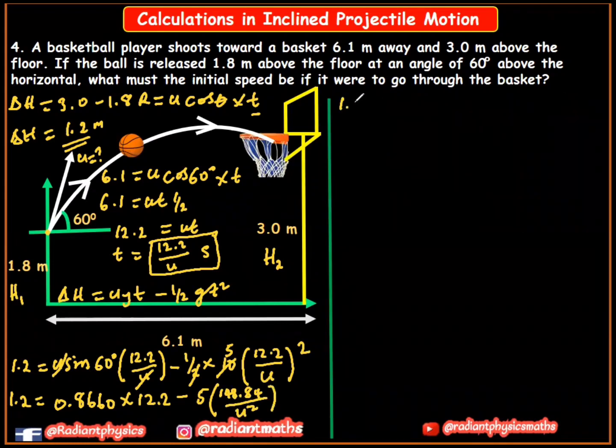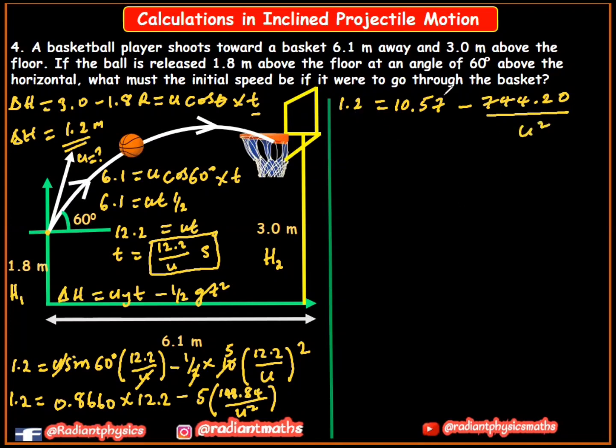We have 1.2 equal to 0.8660 times 12.2. The calculator gives 10.57 approximately, and then minus 5 times 148.84. So we are having 744.20 divided by this u squared.